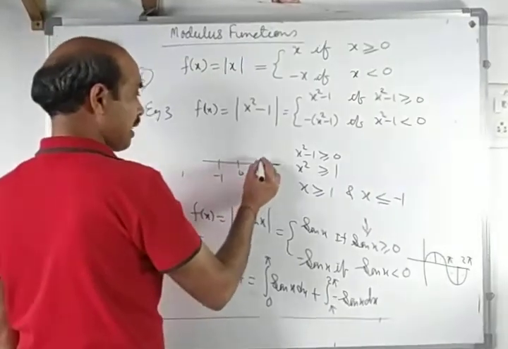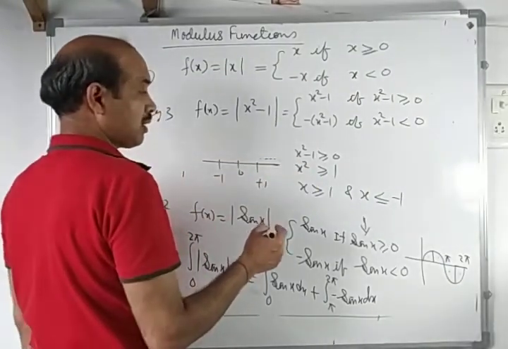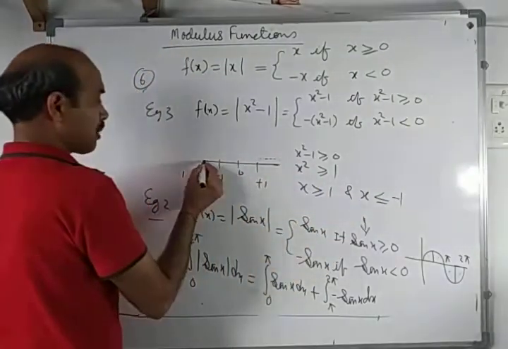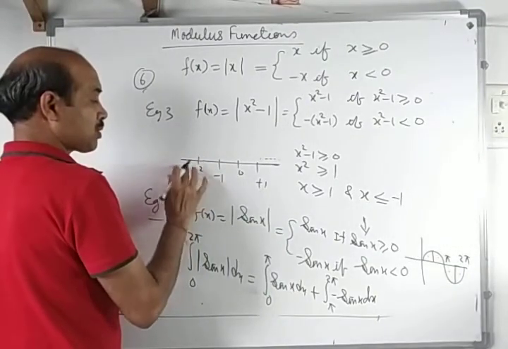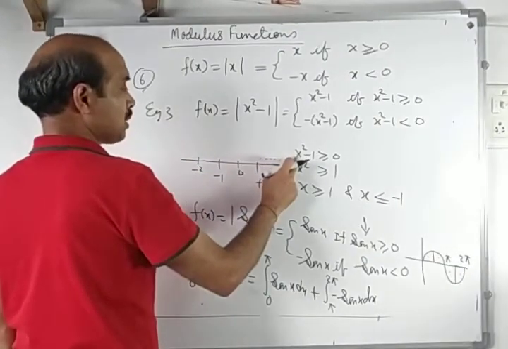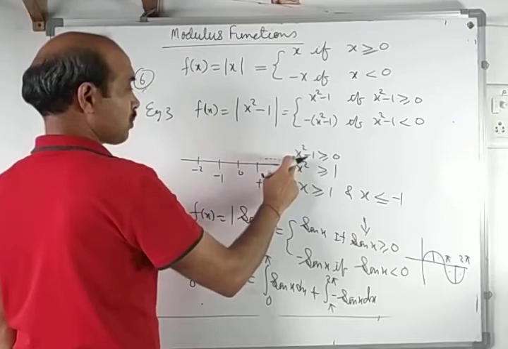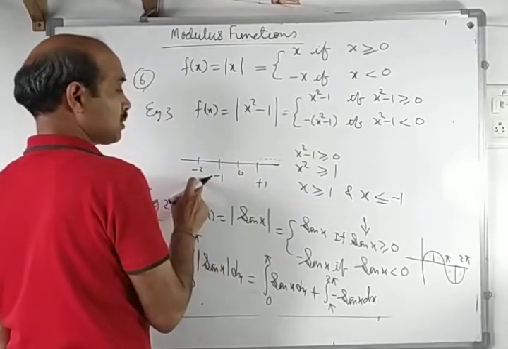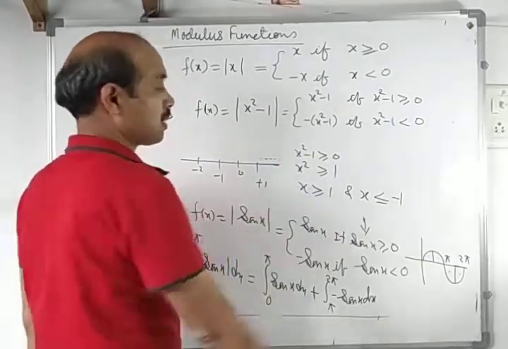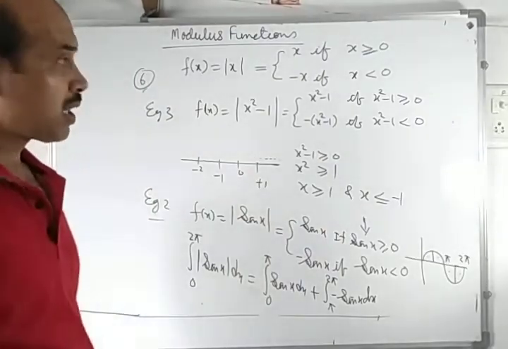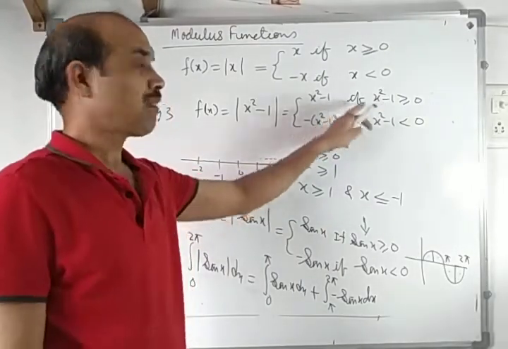So all these values satisfy it, as well as values less than minus 1. Like minus 2: minus 2 square is 4, 4 minus 1 is 3. So these are the two intervals which give you a positive value.